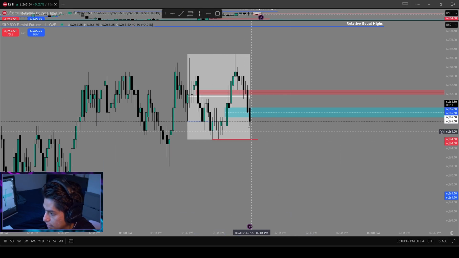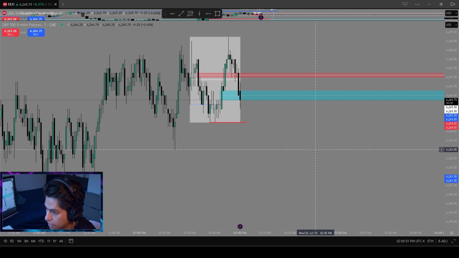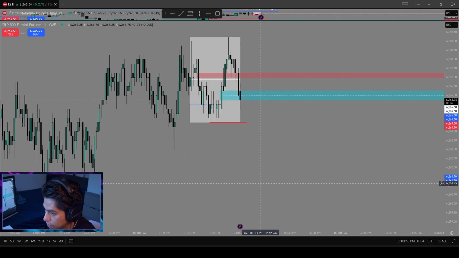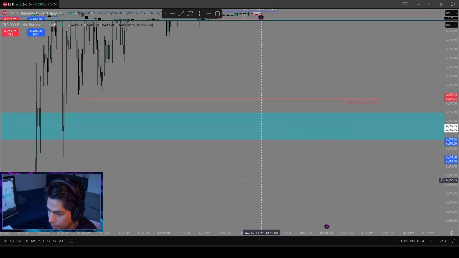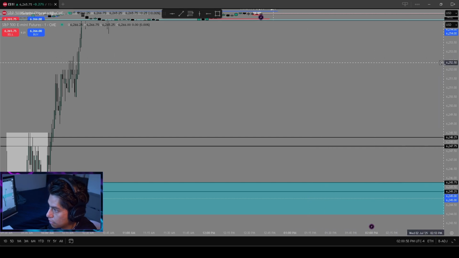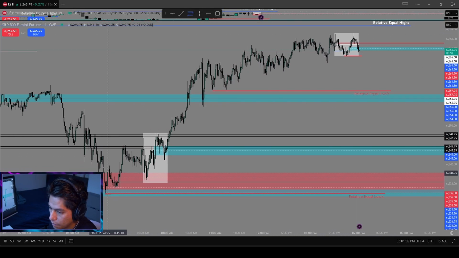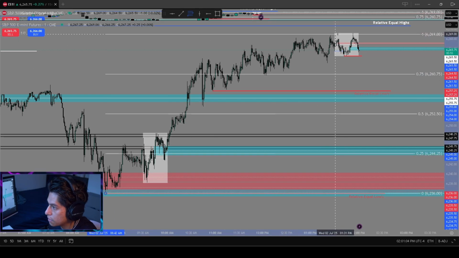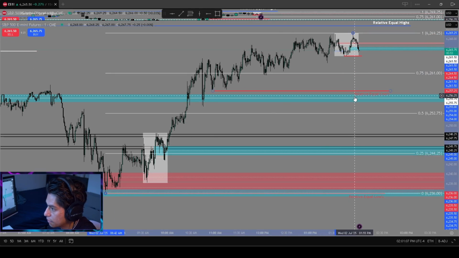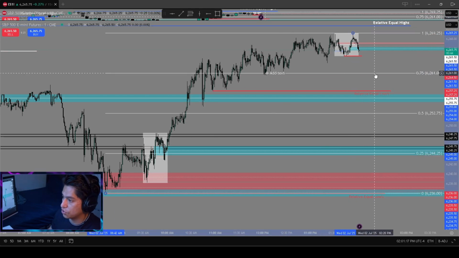These lows right here, if that gets taken out, for me it'd be an indication that price wants to go lower, maybe onto here. And then we do have a big range in the morning, so we have this low right here all the way to this high that we just had. Now, what I look at is quadrants.